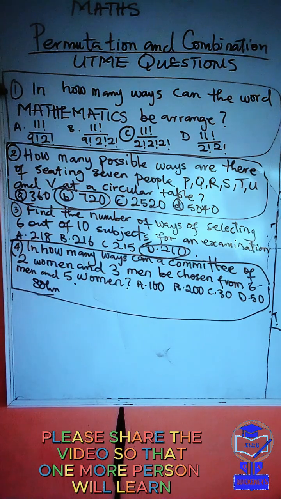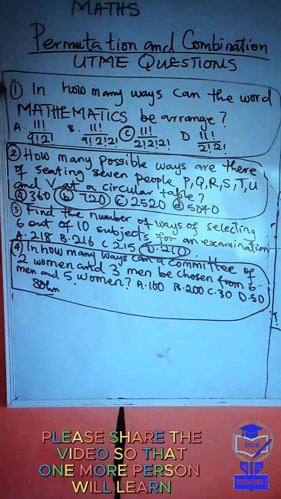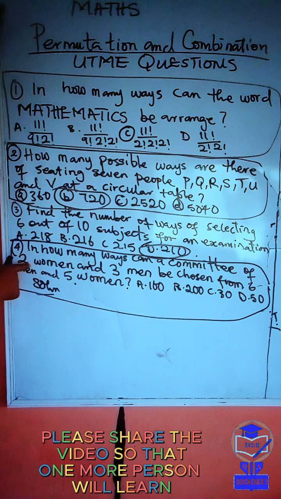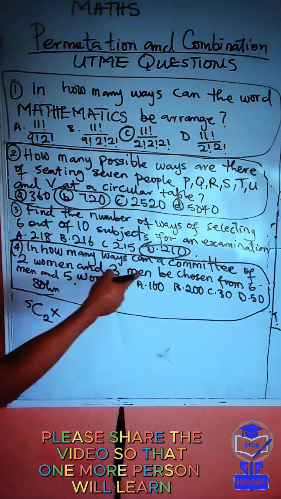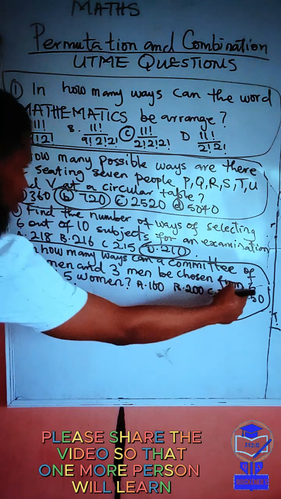So how do you solve that? You have men and women, so you do for men, multiply by for women. You are having a committee of 2 women out of 5 women, so you say 5 combination 2. That's for women, multiplied by, for men, 3 men out of 6 men.